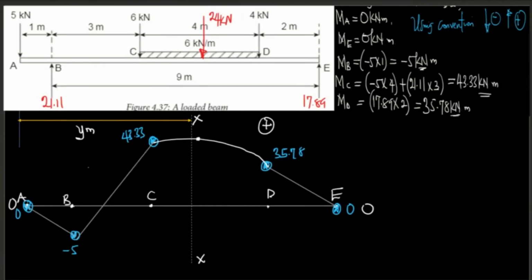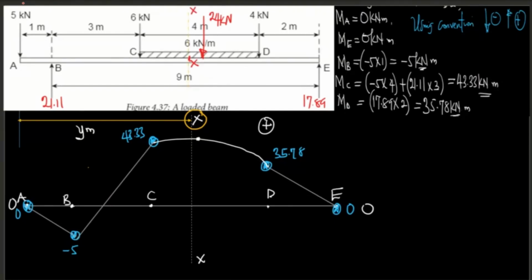Okay, so how do we get that distance? We need to get the position first, and after we've gotten the position, we are going to take moment about that particular section. Then we'll be able to determine the magnitude of the maximum bending moment.